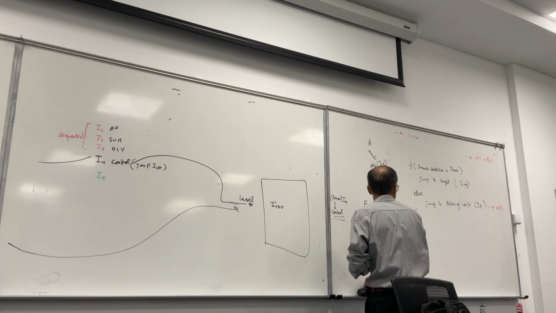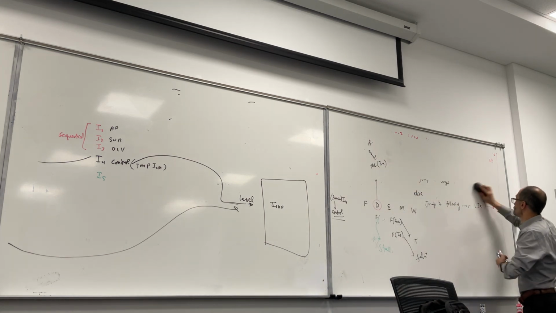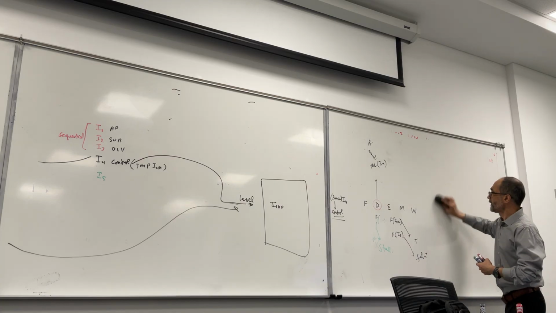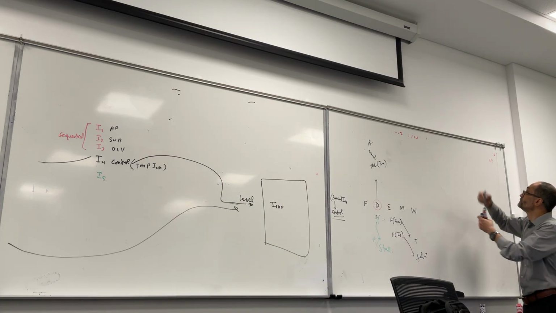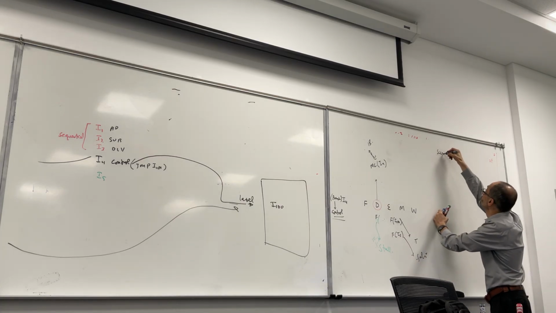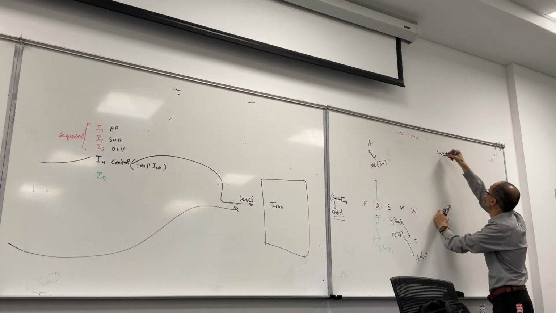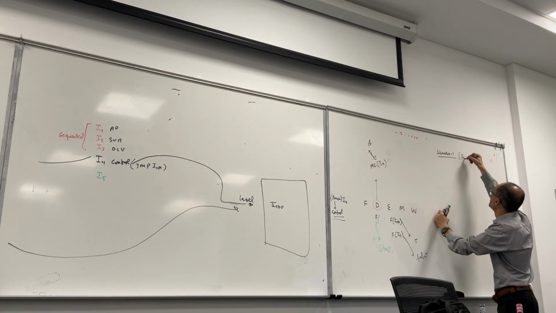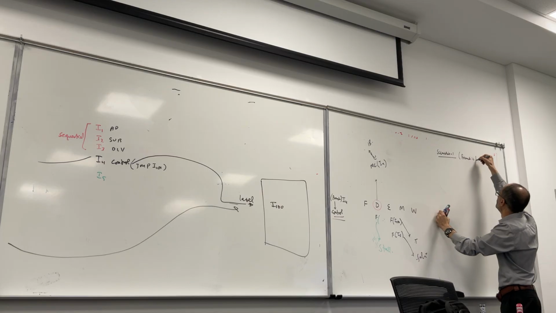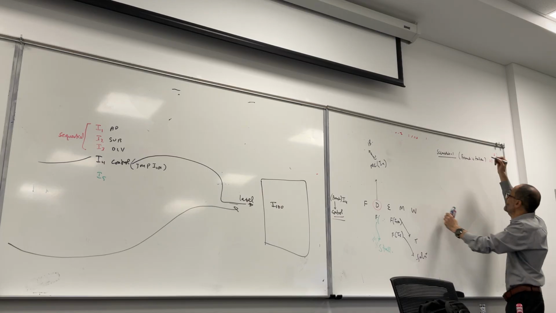Now what are we going to do? There are two scenarios. Scenario number one: the branch is taken.